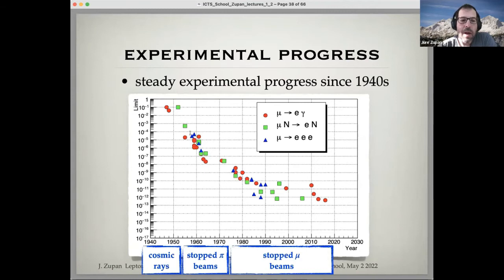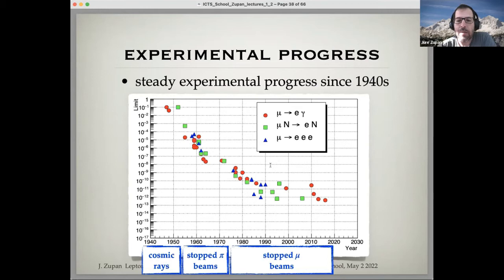That's in blue. In the 1940s up to the 50s, these were just using cosmic rays, and we're at the 10 to the minus 1, 10 to the minus 2 level. Then there's a qualitative, really big jump once you start using stopped pion beams, and another group here.